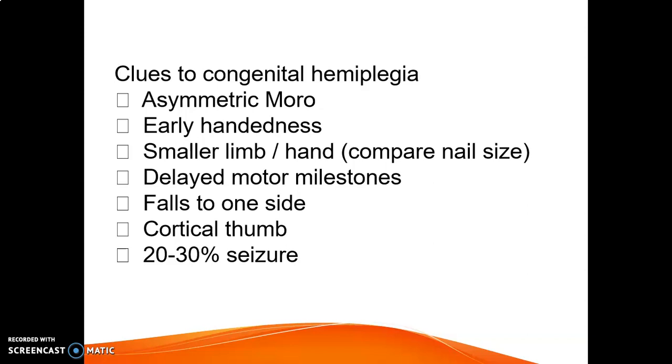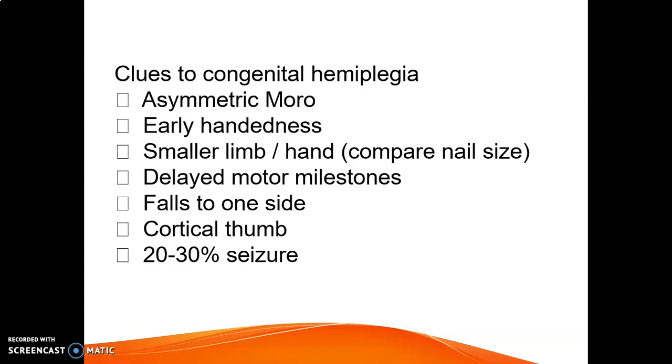But in this case, because one hand is paralyzed, that hand is not going to move, so the other hand will seem dominant. That's why we see an early dominance of a particular hand. This also gives you a doubt about whether the child has congenital hemiplegia.